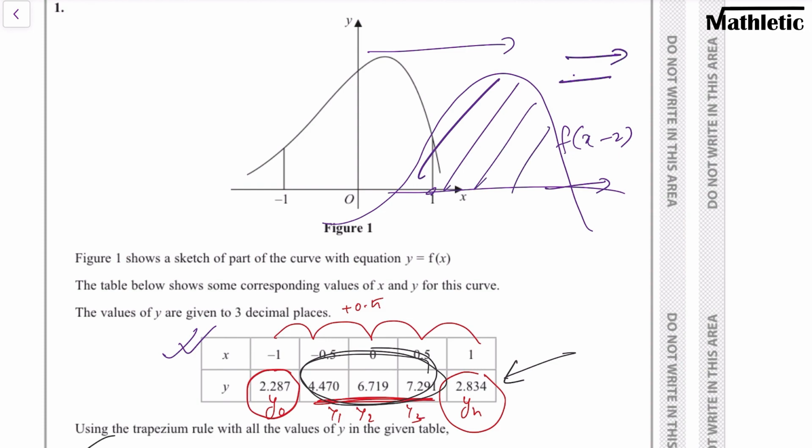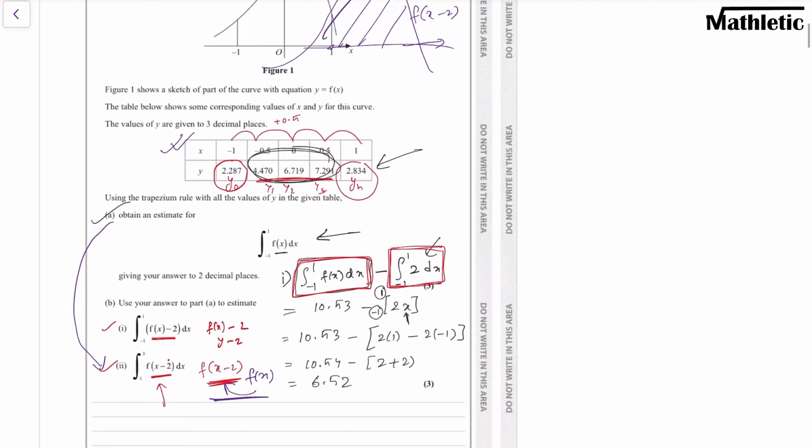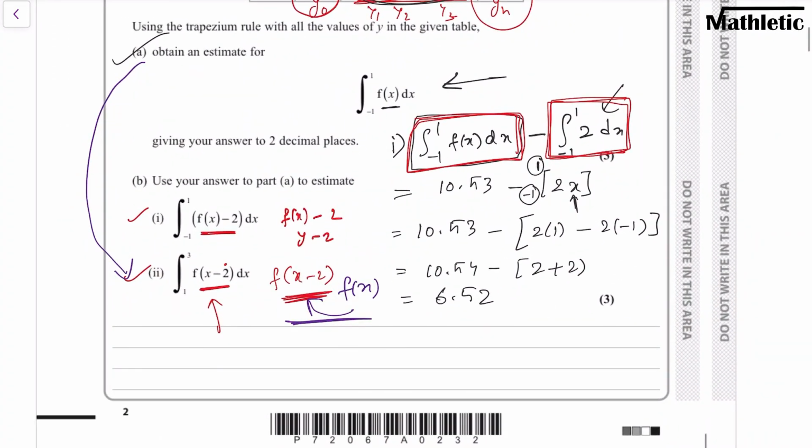So a horizontal shift actually will not change the final result, area under the curve or the value from the trapezium rule. So that's why the answer to B2 is actually 10.53, as in the answer of part A. So we do not need to show any working in this case.